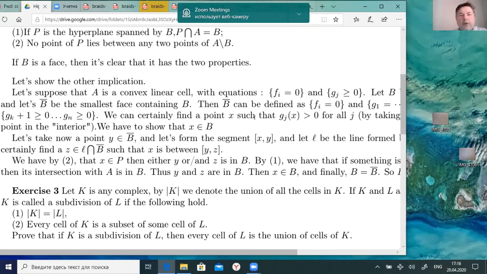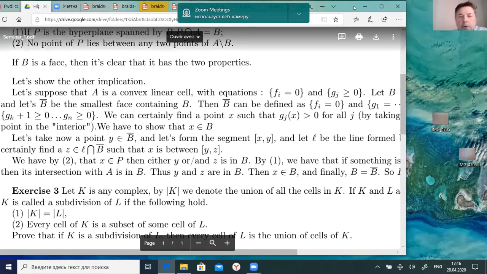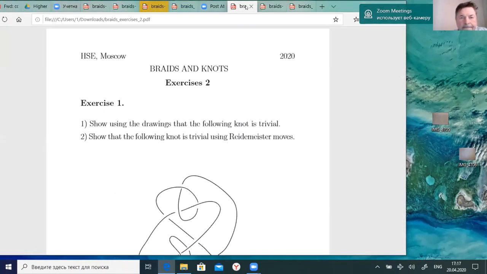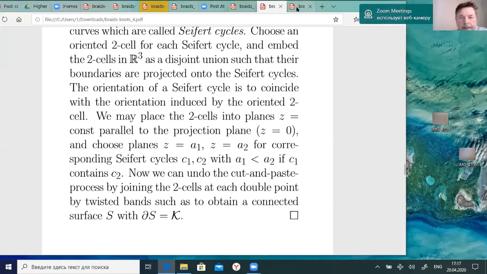Right. So did you think a little bit on the first implication? I have a bit of time. I'm not sure how good it is.